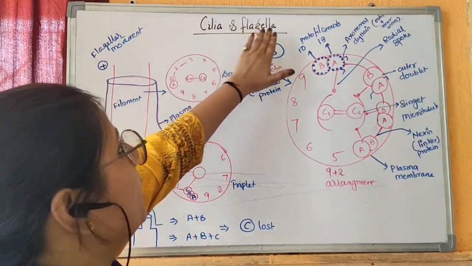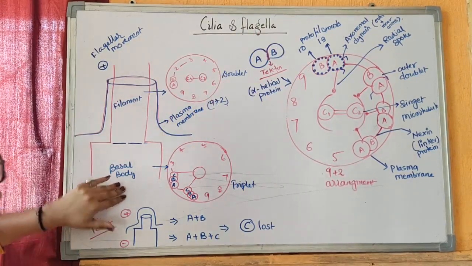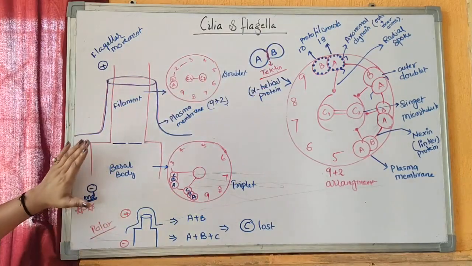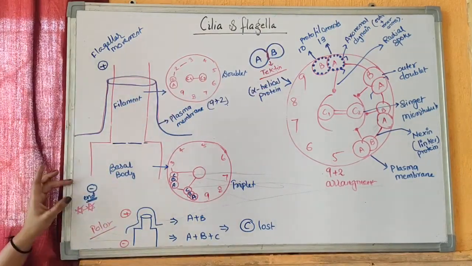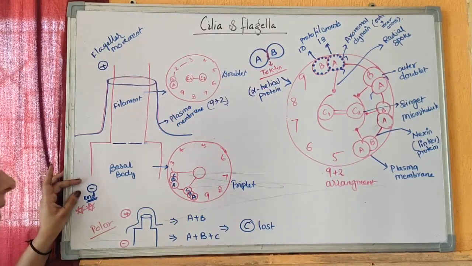Now coming to the basic structure of a flagella. Flagella has two parts, filament and basal body. The filament and basal body together form the flagella. This flagella structure has a plus end and a negative end. The plus end is towards the filament and the negative end is toward the basal body.